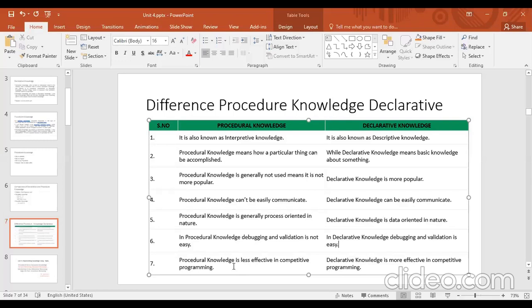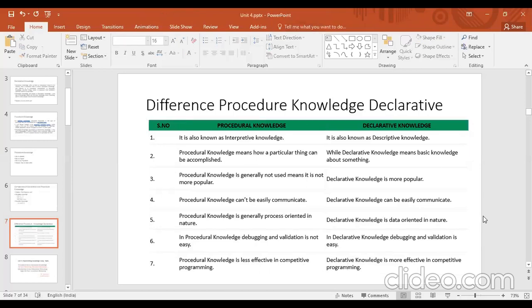Now the seventh difference: procedure knowledge is less effective in competitive programming and declarative knowledge is more effective in competitive programming. Okay, so that is the difference between procedure knowledge and declarative knowledge. Now we go to the next topic. You have all understood what procedure knowledge is, what declarative knowledge is, and where it is used.